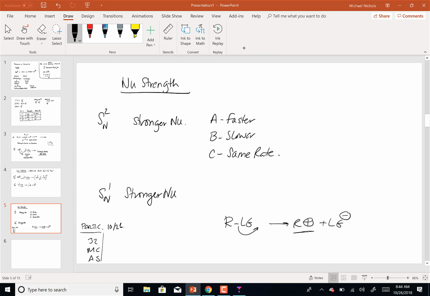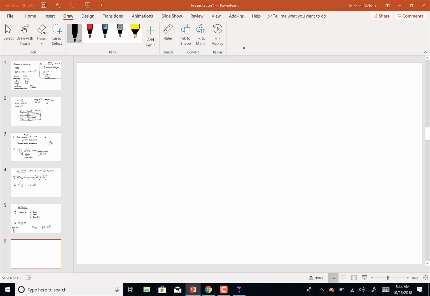So if I want to see whether or not you now understand that, I could put a question like that on the next exam to see if we can put all that together. That's how we're doing this faster, slower, same rate type of analysis. Because ultimately, here's what I can do.